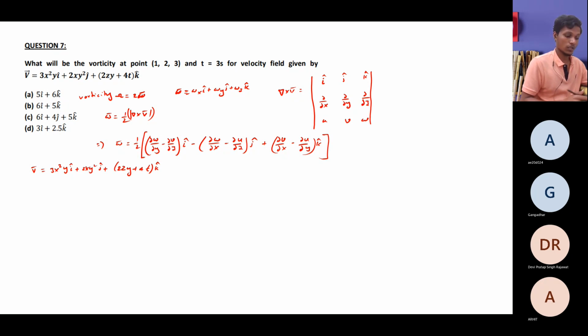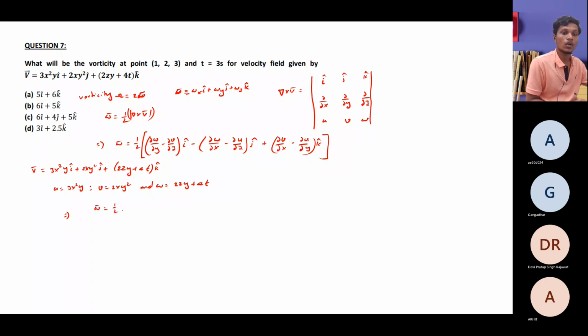This is our velocity field. In this velocity field, we separate that u equals 3x²y, v equals 2xy², and w equals 2zy plus 4t.